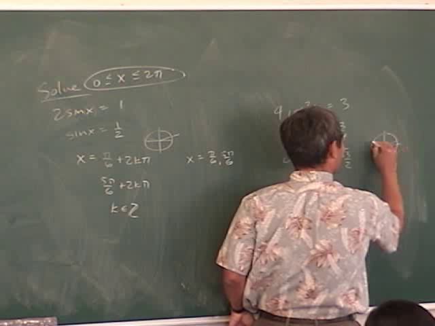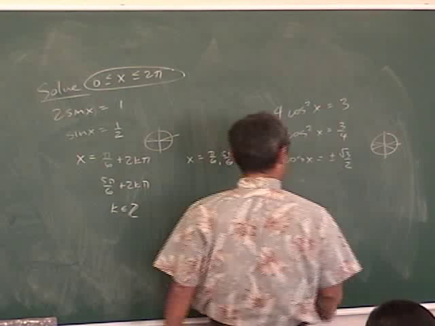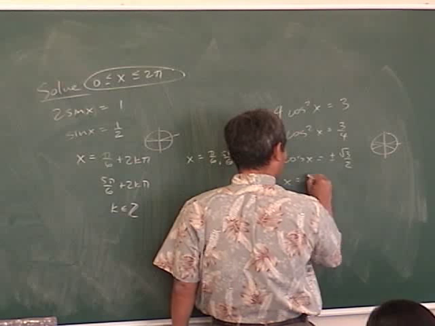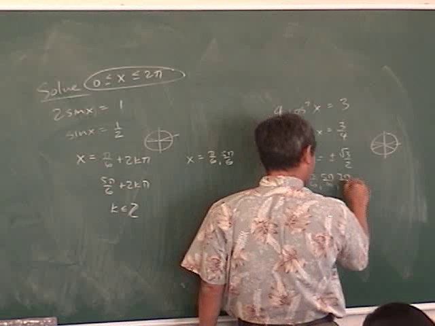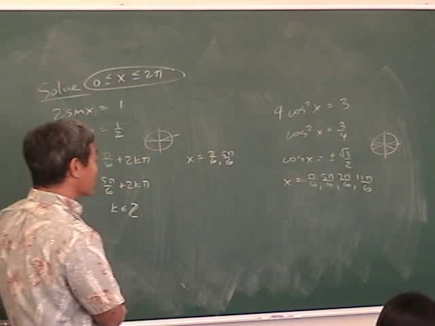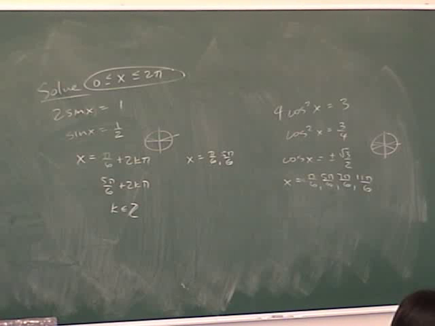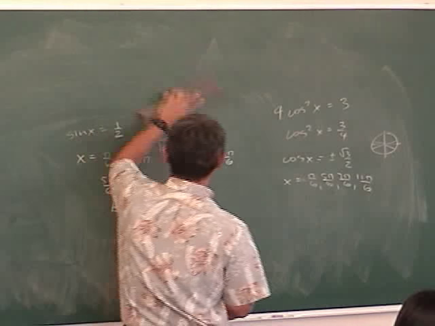That's a pi over 6 family: pi over 6, 5 pi over 6, 7 pi over 6, 11 pi over 6. If you don't know your trig values, you are doomed. You've got to know your unit circle.